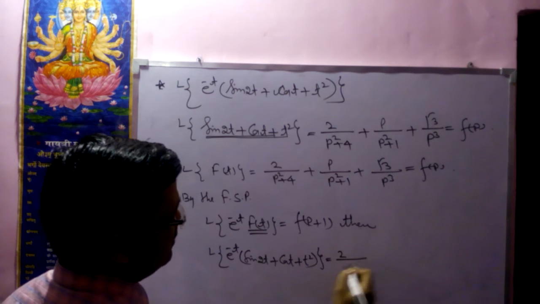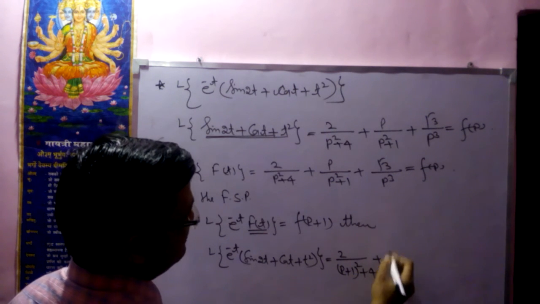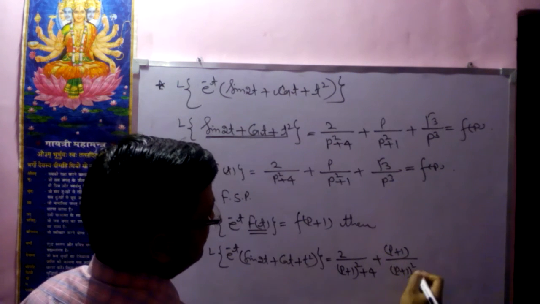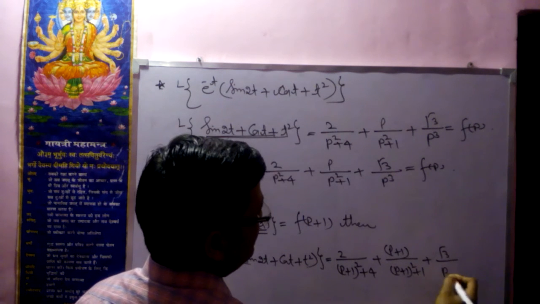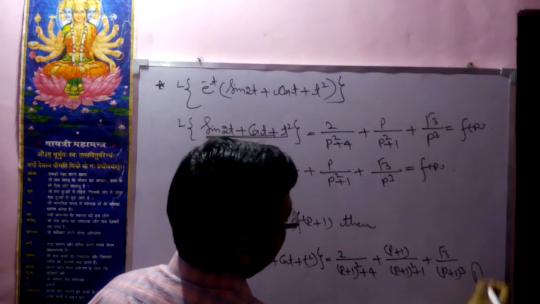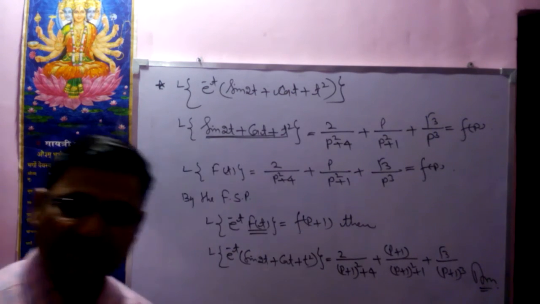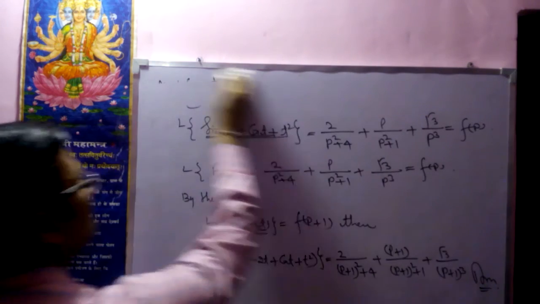That is 2 upon p plus 1 to the whole square plus 4, plus p plus 1 upon p plus 1 to the whole square plus 1, plus gamma 3 upon p plus 1 to the whole cube. This is the condition for the first shifting property.